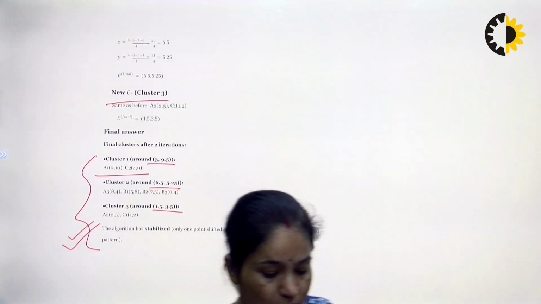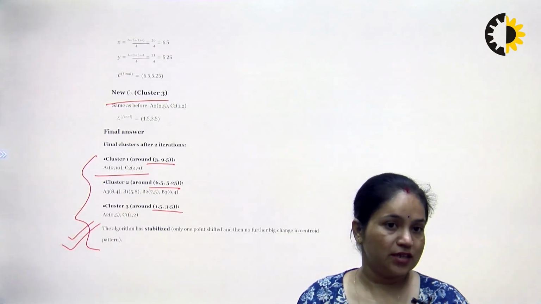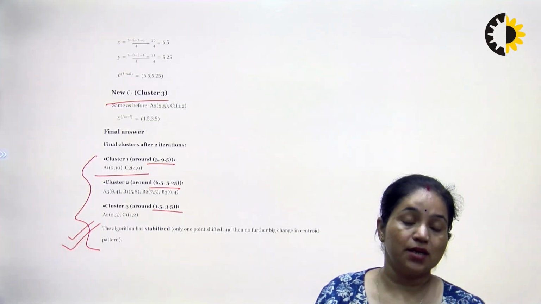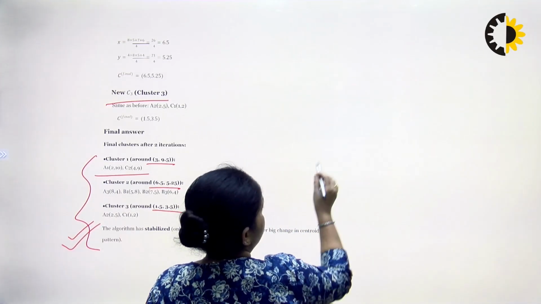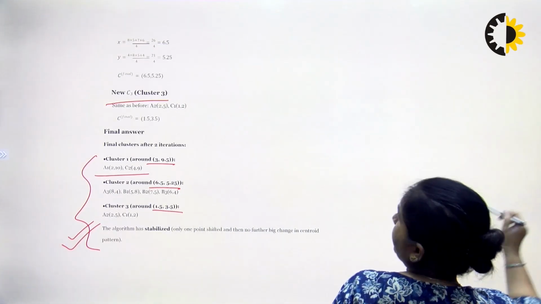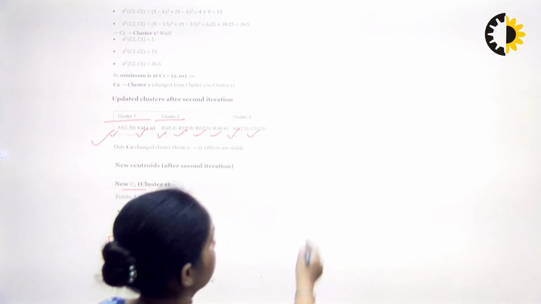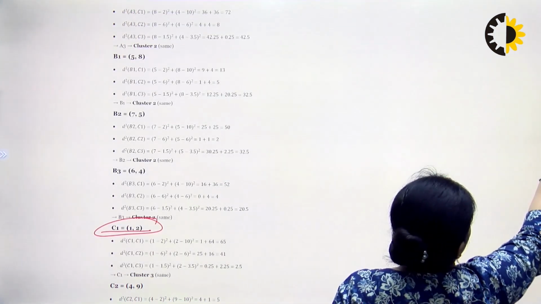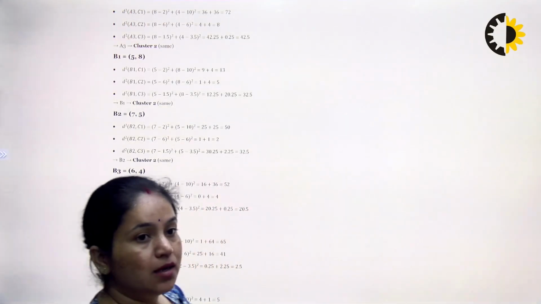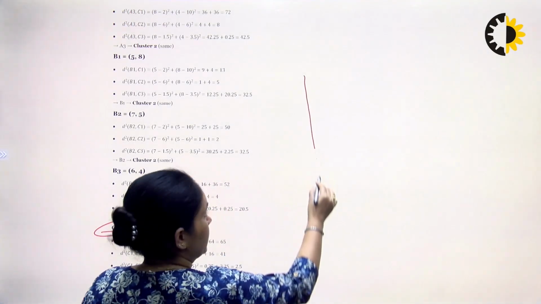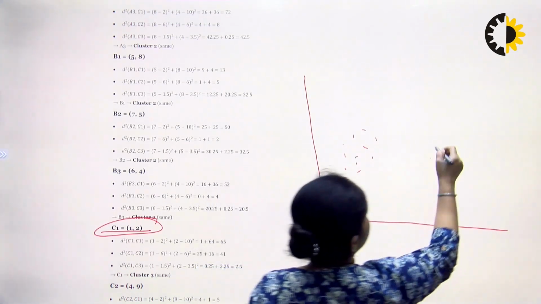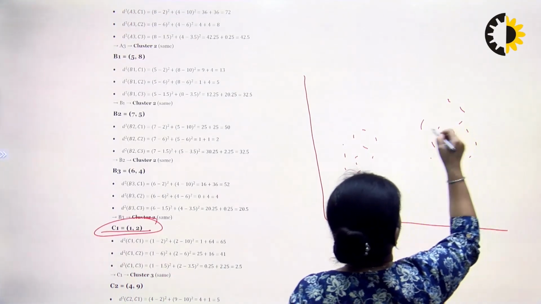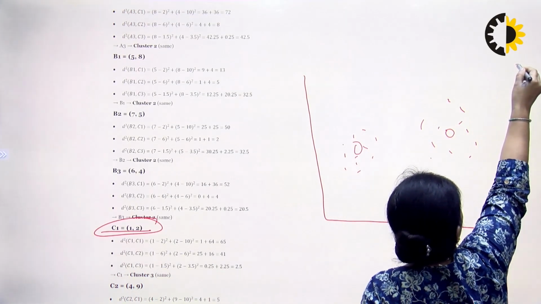Here, I need to tell you the disadvantage as well, as we discussed why we need the K-mean. As we can see, if I make a graph, these are the items, these are the centroids, and there is something here.